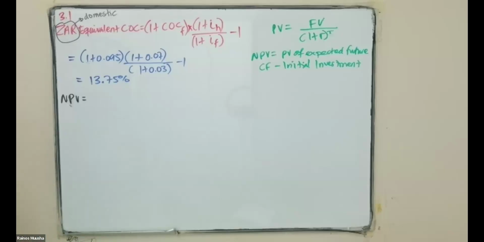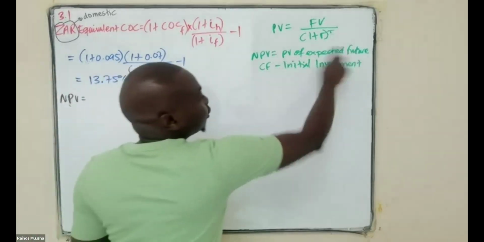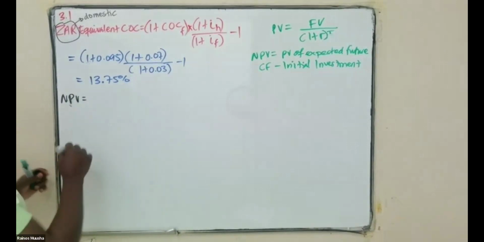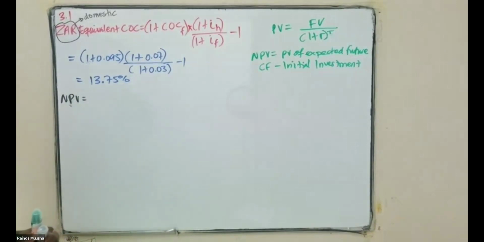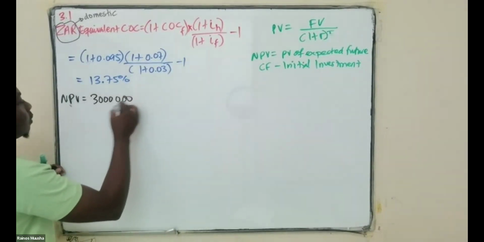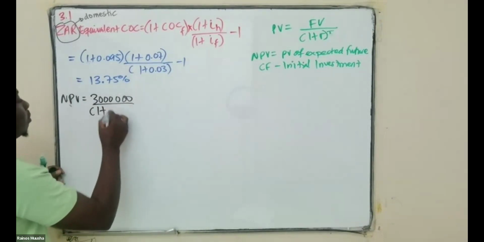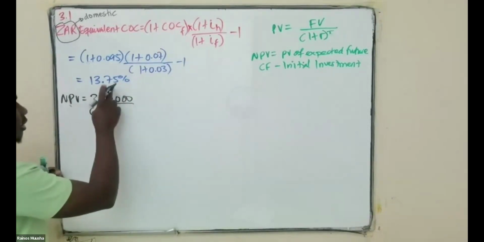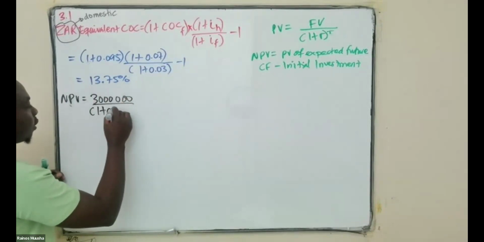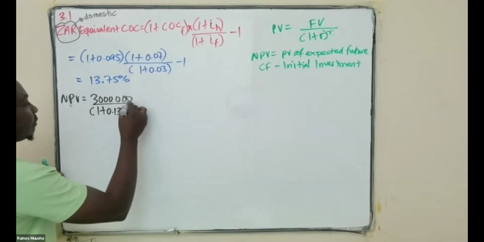So now, to find the present value of expected future cash flows, the first cash flow is the cash flow for year one, which is given as 3 million. So it's going to be 3 million divided by 1 plus the interest rate in ZAR, which is 13.75%, which is 0.1375.